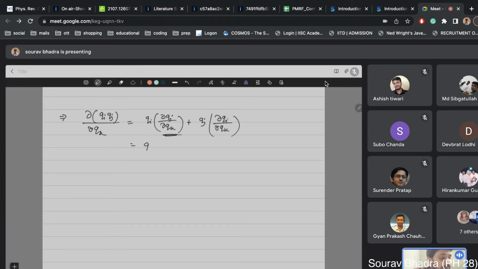So it can be written as qi delta jk plus qj delta ik. So it is the result of this particular differentiation. Always remember that del qi by del qj equals delta ij.